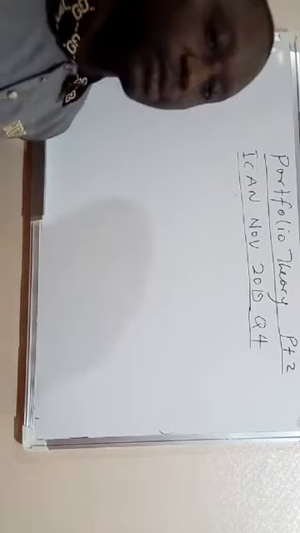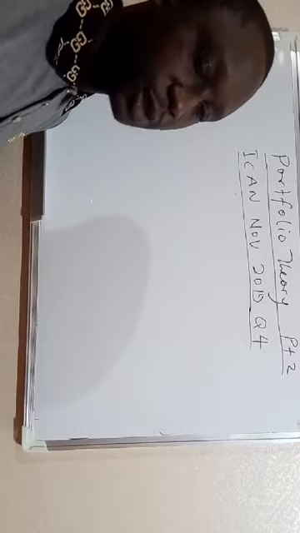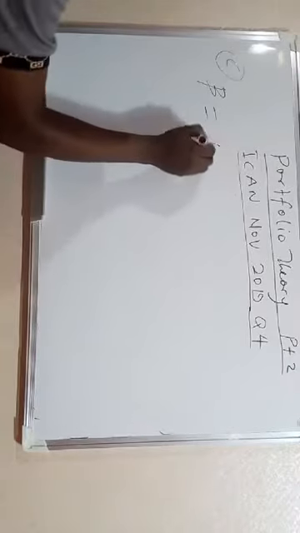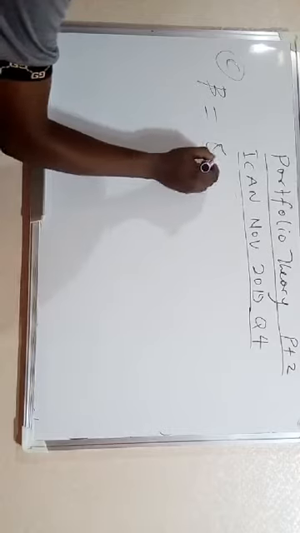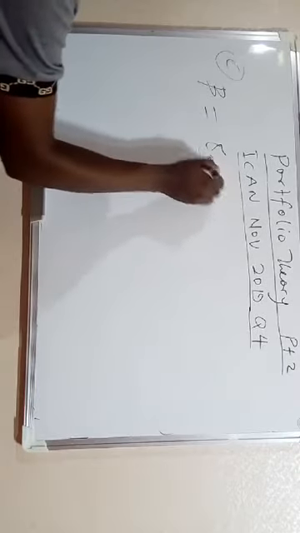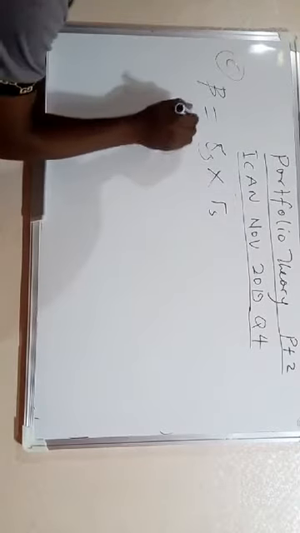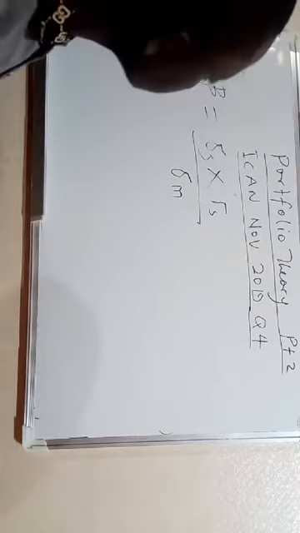We can derive it from the formula for calculating beta. Beta is calculated by the standard deviation of the security times the correlation of the security over the standard deviation of the market.